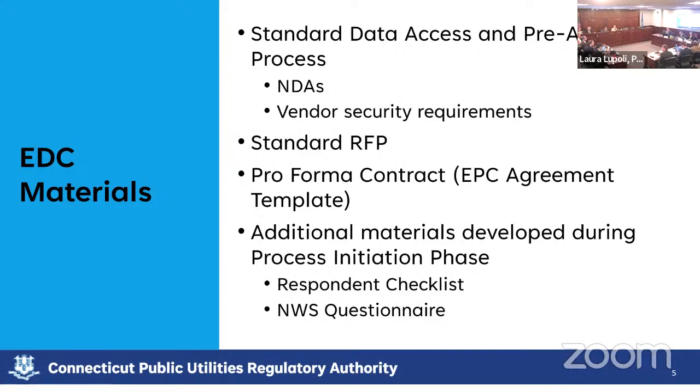The standard RFP to be issued by the EDCs for an NWS solicitation, inclusive of any processes to screen and qualify bidders, and the pro forma contract for NWS bidders to execute with the EDC upon selection, including performance criteria and an evaluation, measurement, and verification plan.